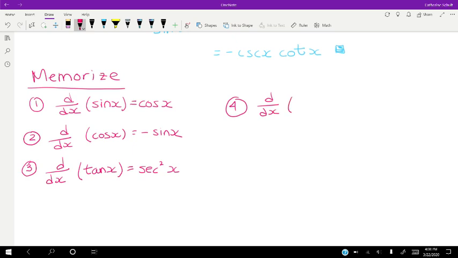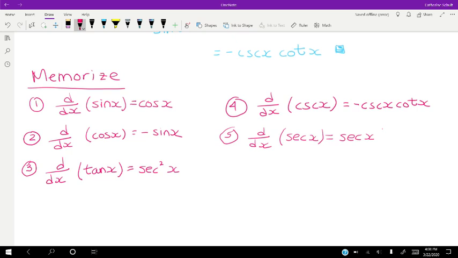The derivative of cosecant, it's the reciprocal of sine, so I'm organizing them a little bit, by reciprocal is negative cosecant times cotangent. The derivative of secant is positive secant x tangent x, so kind of similar to the last one, just a little bit.